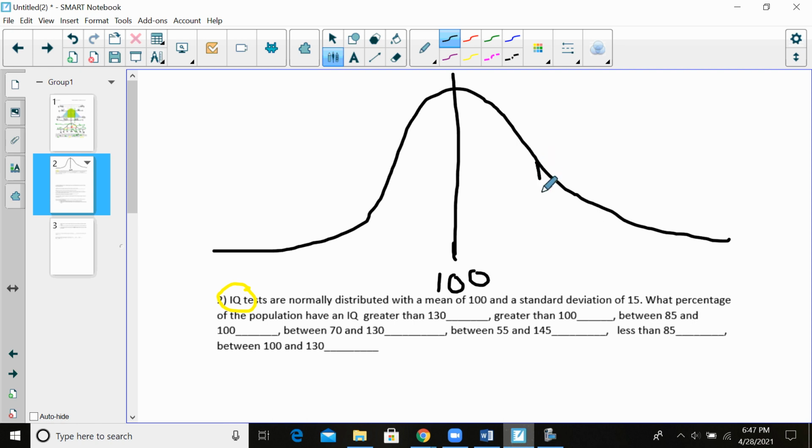Okay, and then you want to go out one standard deviation above, two standard deviations above. A lot of times I don't even ask you about, you know, three away, but we'll put it on our chart anyways. One below, two below, three below. Okay, so you're adding 15.